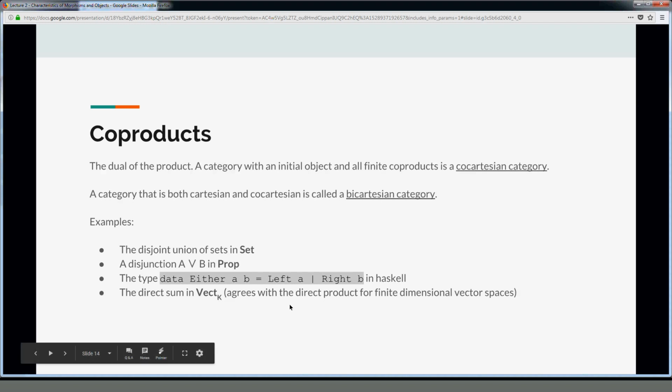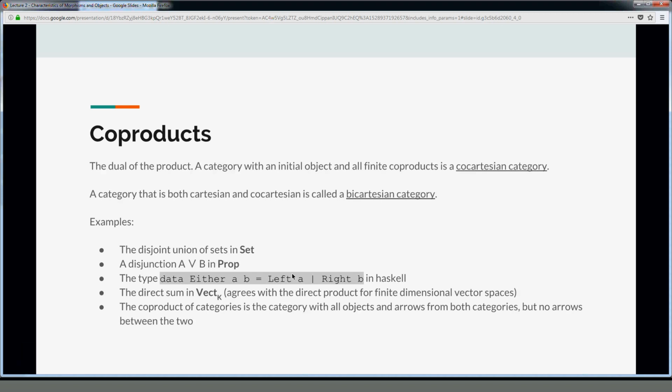And if you think about what a coproduct of categories would be, it's sort of like just sticking the two categories next to each other in the same category, with all the arrows, but no arrows going between the two. That's it, I believe.